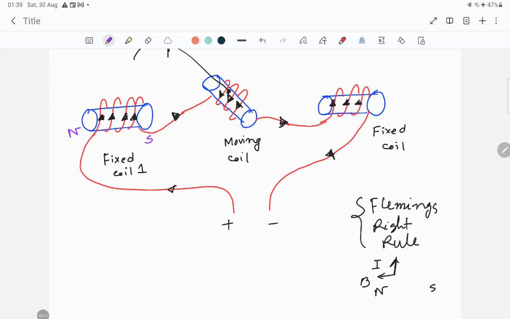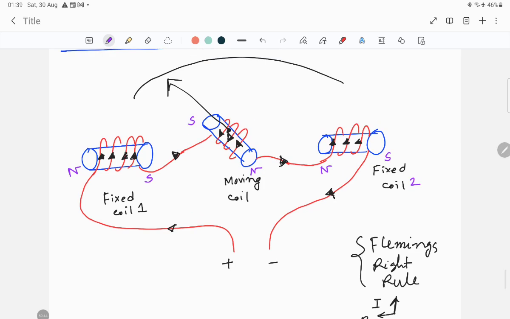Again for fixed coil 2, the current is going upward, so there will be generation of a north pole and a south pole. Now what will happen for the moving coil? In the moving coil the current direction is downward, so over here it will be N, and over here it will be S.